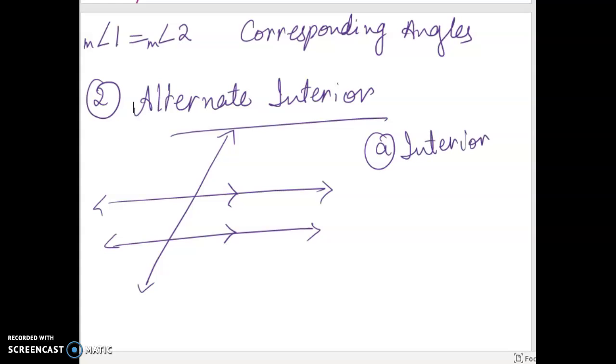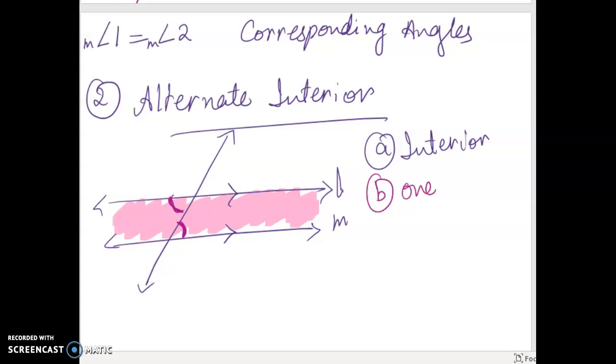That means in between these two lines, line L and line M, the shaded region would be this one. They should lie between these two, and they alternate each other. Alternate means they lie opposite, just like alternate. One on one side and the other on the other side.